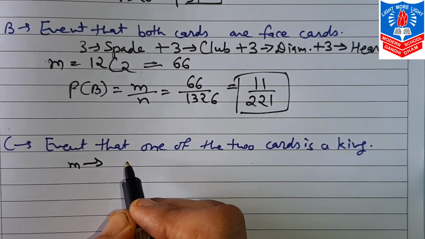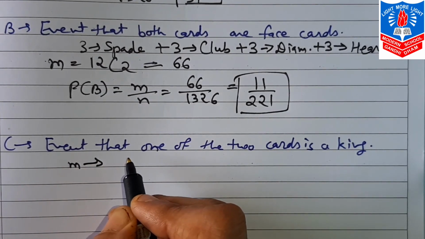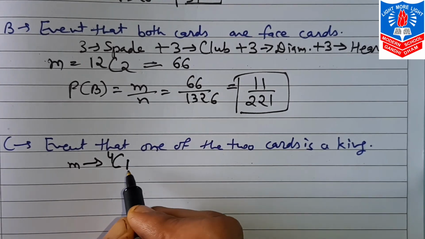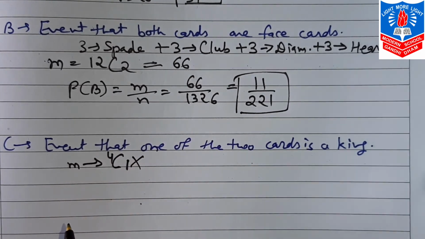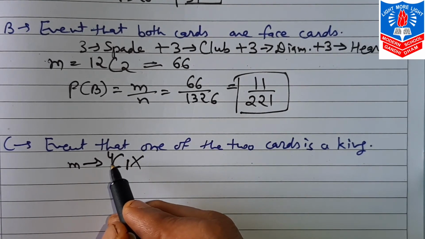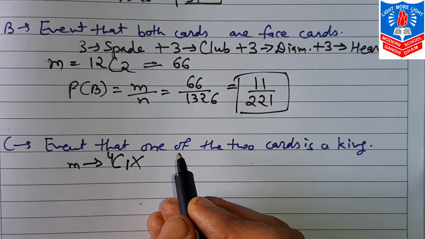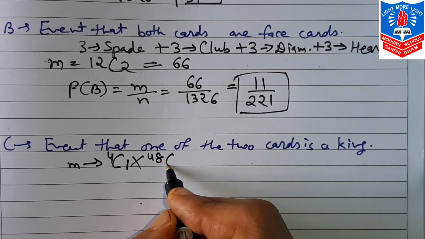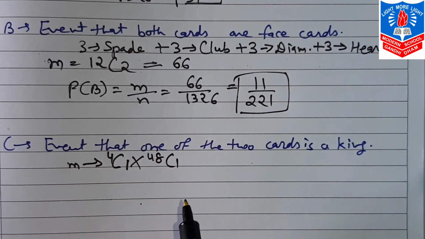How many kings are there in the full playing cards of 52? That is 4. From these 4, one card is taken. So 4C1. Again, 'and' is there. Now 4 we have already taken, of the total 52, so the rest will be 48. From 48 cards, one card is drawn.